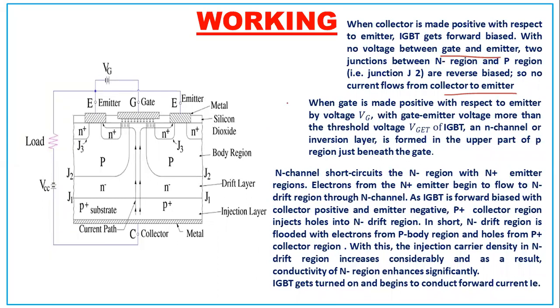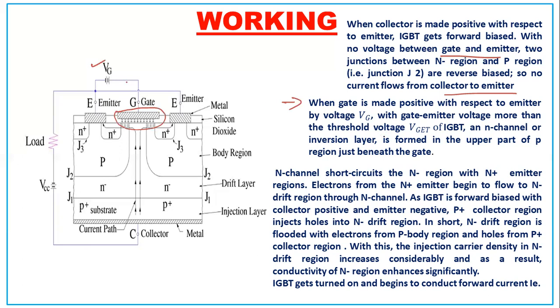So let's see, we are providing the gate pulse. When the gate is made positive with respect to emitter by the voltage VG, the gate is becoming positive. Just like that, this layer will become polarized, similar to MOSFET. I'm not explaining that; you can watch the last video. The gate emitter voltage is more than the threshold voltage.